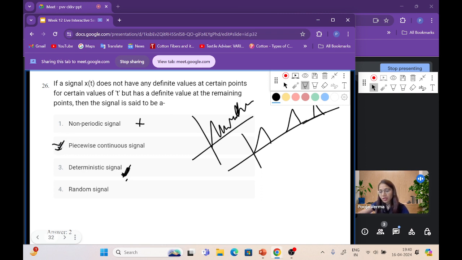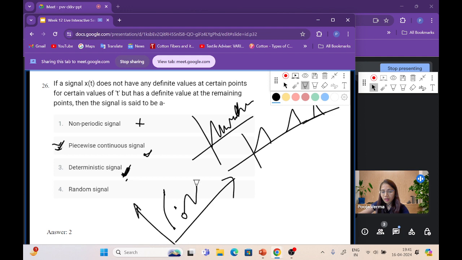So a signal x(t) does not have any definite value at certain points for a certain value of t, but has a definite value at a remaining point, then the signal is said to be a piecewise continuous signal. That means it is defined at a certain value, then at certain points it is not defined, like this. So this signal is called a piecewise continuous signal.